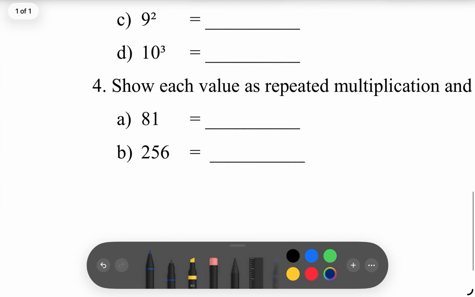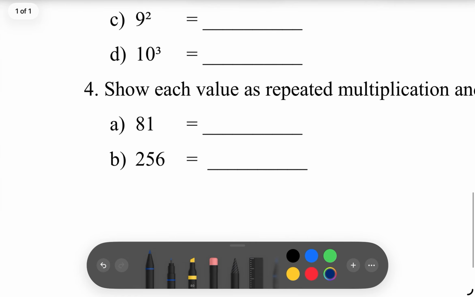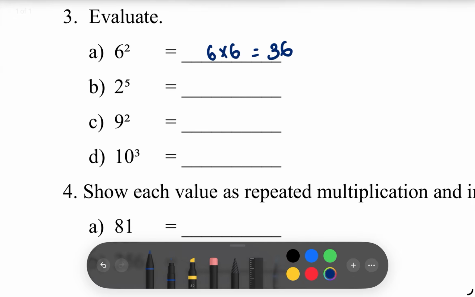And the fourth question: show each value as a repeated multiplication and in exponential form. I know that this question sounds confusing for the majority of the students. So this is just an example, 81. Like you can see in question number 3, the first question, 6 to the power 2 can be evaluated as 36.